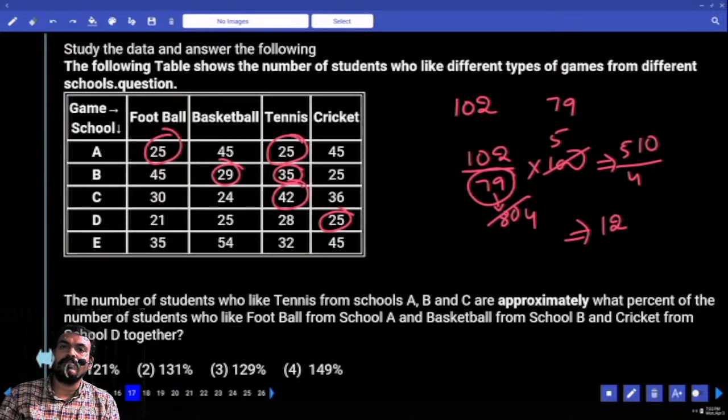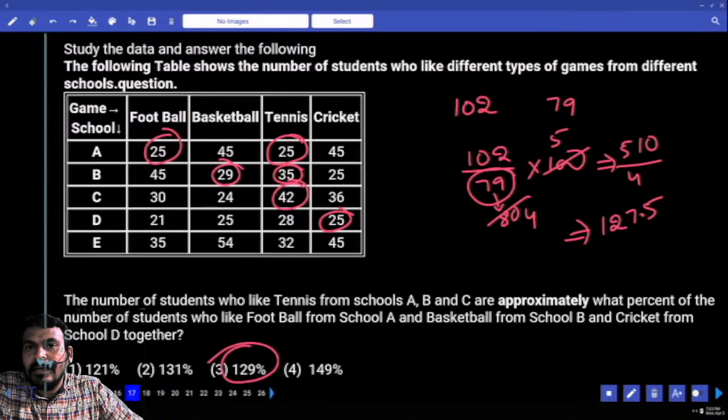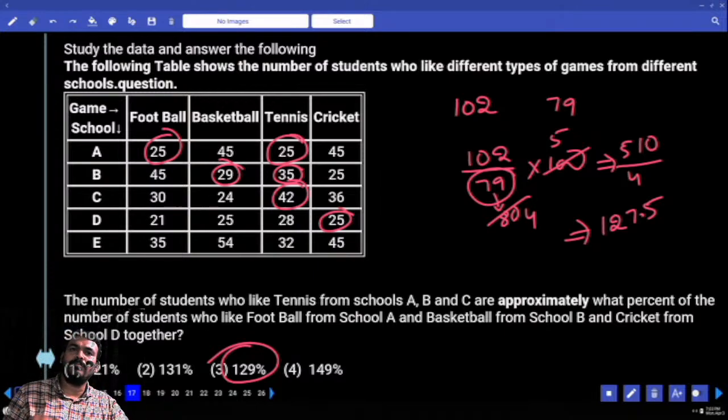Remaining 30. 30 means it is almost 7.5, or 127.5. What is the nearest value? 129. Because in place of 79 we have taken a more value, obviously the percentage is nearest to 127.5. 129 possible or 121? 129.